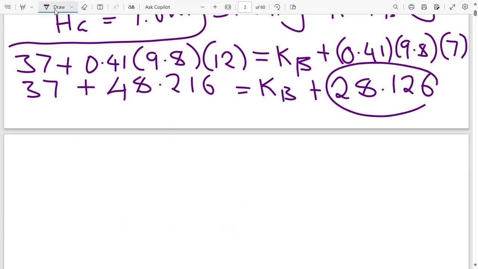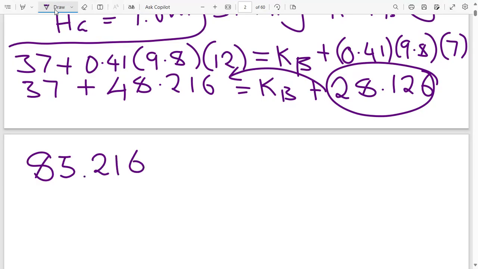So this term is going to cross to the other side of the equation. Hence, I'm going to have 37 plus 48.216, which is 85.216, minus 28.126.